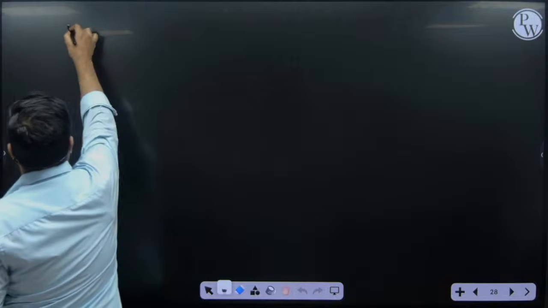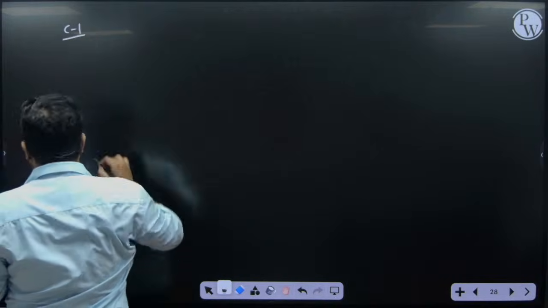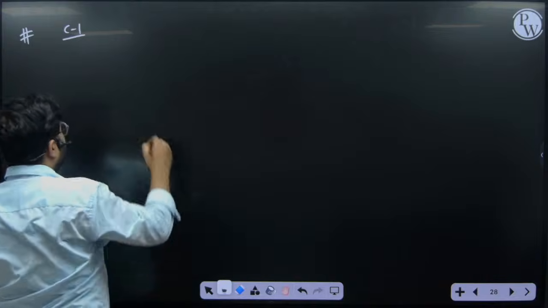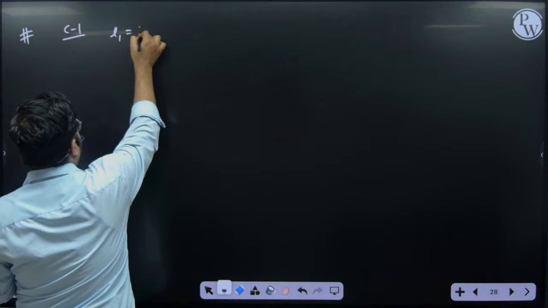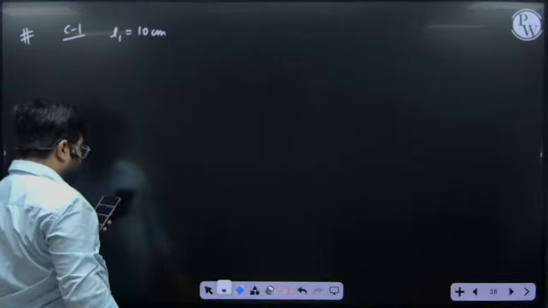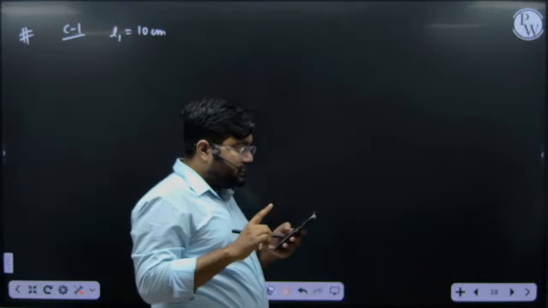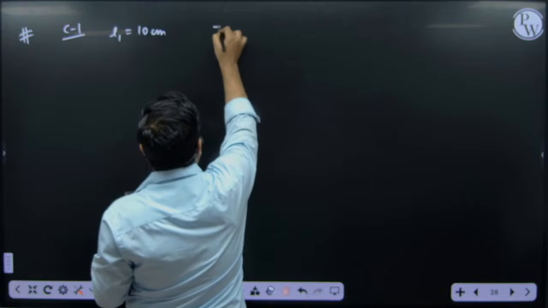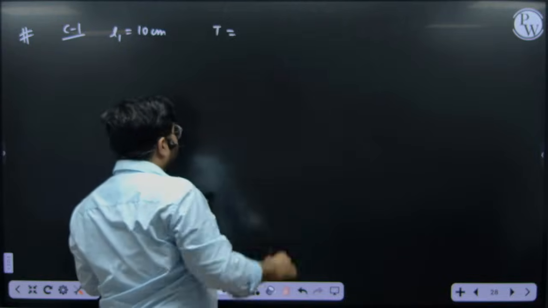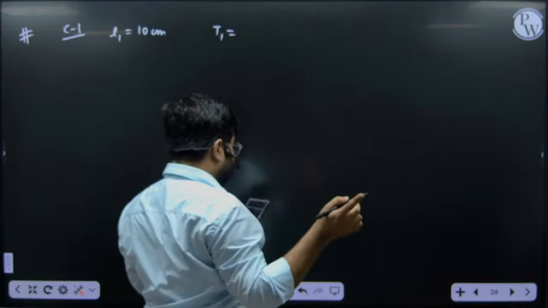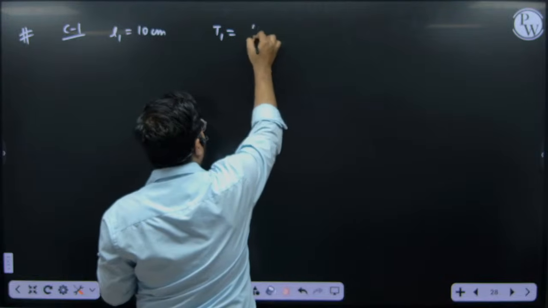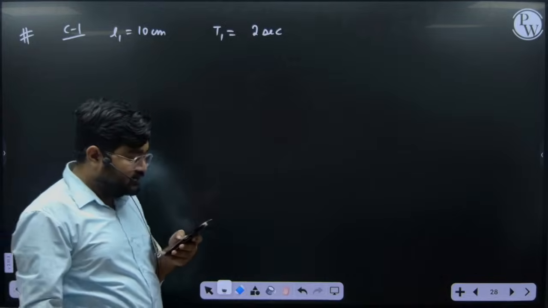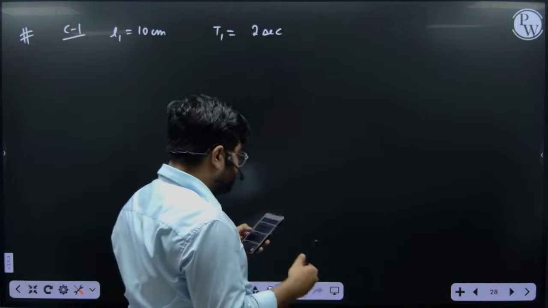So case 1, we have a simple pendulum, length is 10 centimeter, it completes 10 oscillations in 20 seconds. So what is the time period? 10 oscillations in 20 seconds, so one oscillation in 2 seconds basically.